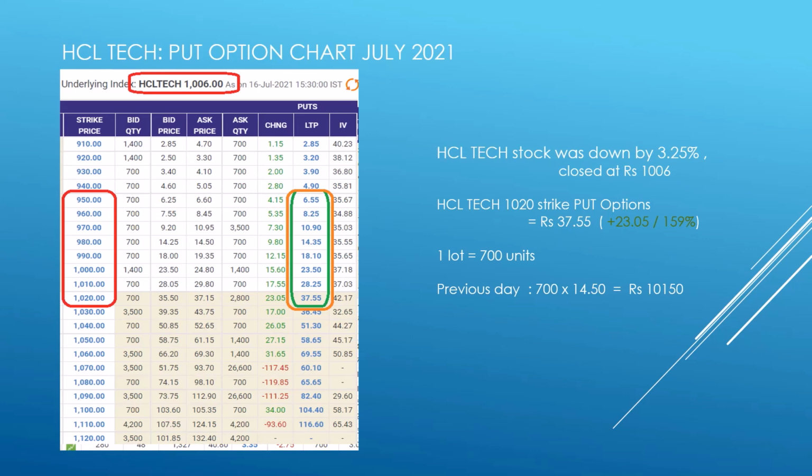And in this scenario, one lot of HCL Tech put option means 700 units. So the previous day, if somebody bought that 1020 put option, that person would have paid around rupees 10,150. And today, by the end of the market, because the stock price fell, the value of this put option became rupees 26,285.